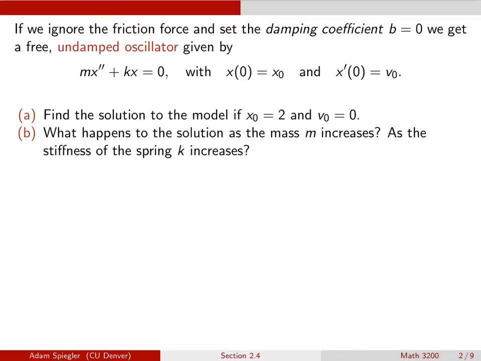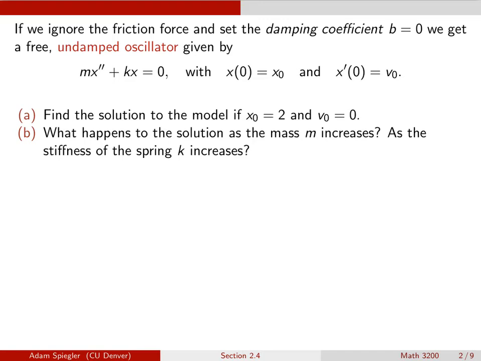So let's first consider what would happen to this model, leaving m and k as arbitrary constants for now, if we displace the mass, say, by 2 centimeters to the right of its equilibrium, and we don't give it any initial velocity. In other words, we move it 2 centimeters to the right, and then simply let go, and study how that mass is going to behave over time.